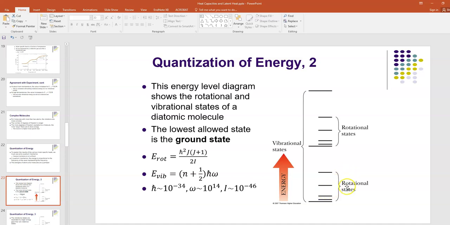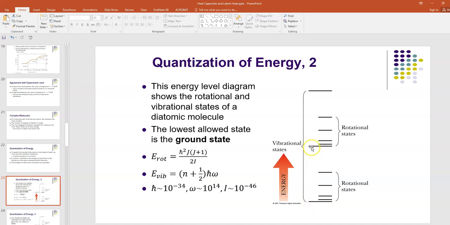Now, as you increase in temperature, it's able to jump up to these higher level energy states in rotation. So that unlocks those degrees of freedom. As you increase the temperature, these become accessible until they're fully unlocked at room temperature, and you can access all these rotational energy states. But look at the big jump between the ground state here and the first vibrational energy state.